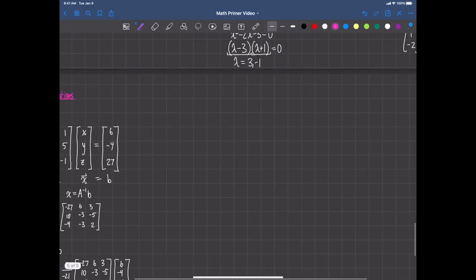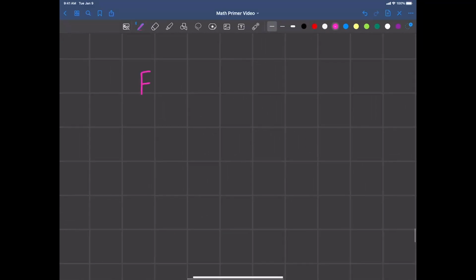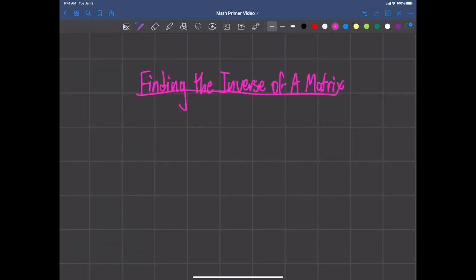So how do we find the inverse of a matrix? We use something called the Gauss-Jordan method.